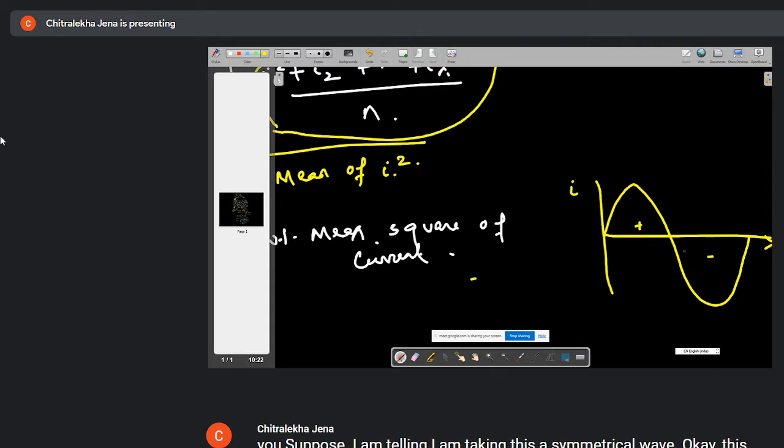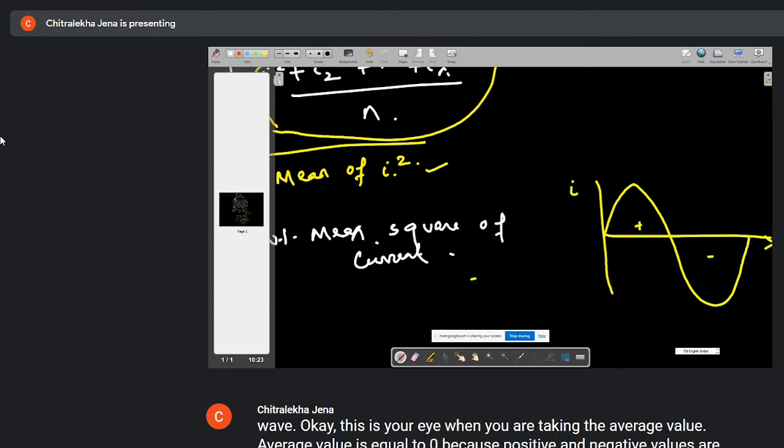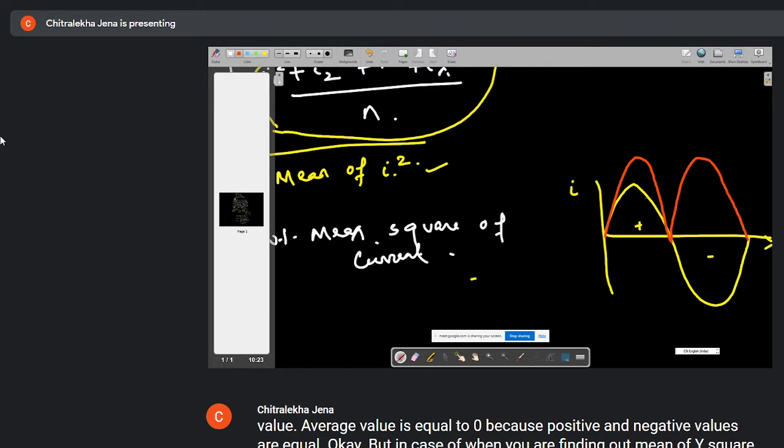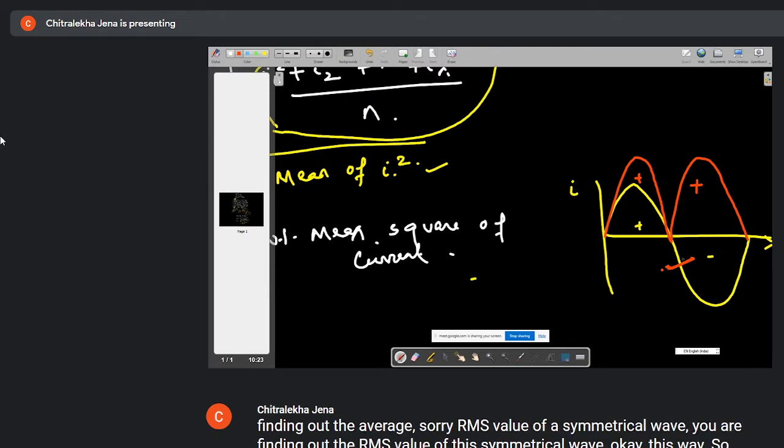But when you are finding the mean of I square, the square of a positive is positive and the square of a negative is positive. So when you are finding the RMS value of this symmetrical wave, you can consider half cycle or full cycle.